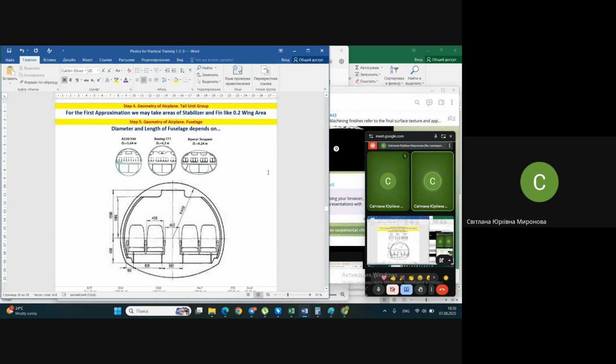But first, before we get started immediately to work with the fuselage, what we did: we analyzed statistical data and got so-called relative masses of different technical systems of the airplane.